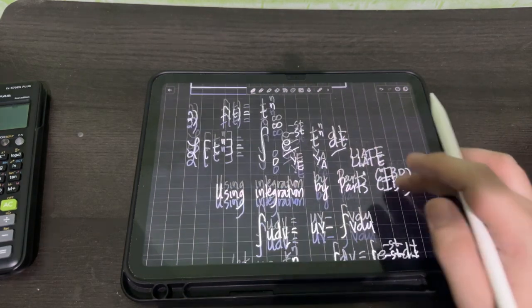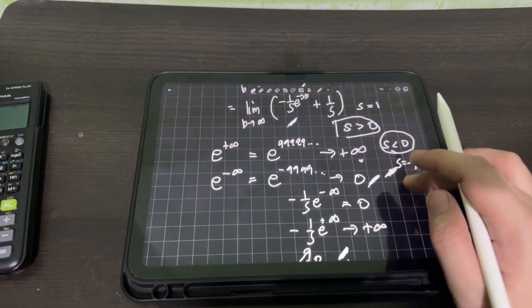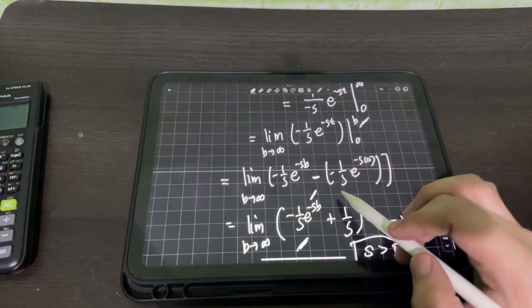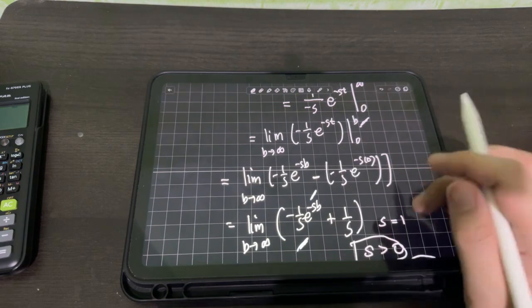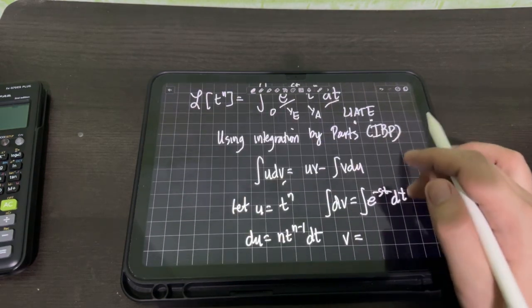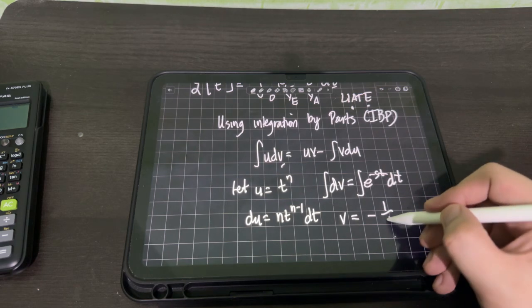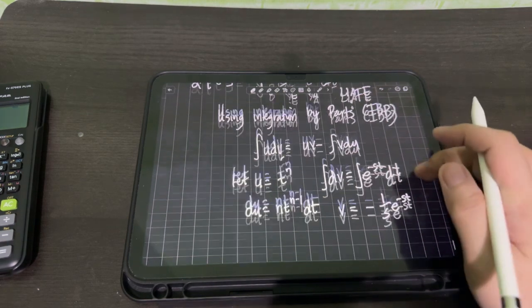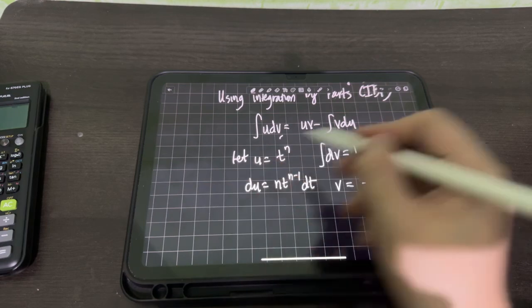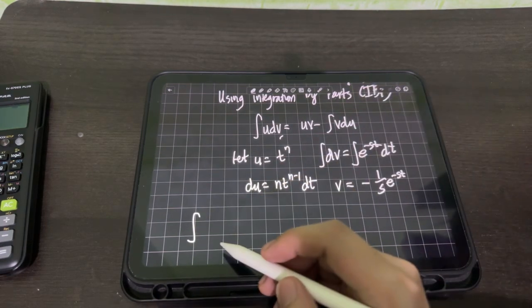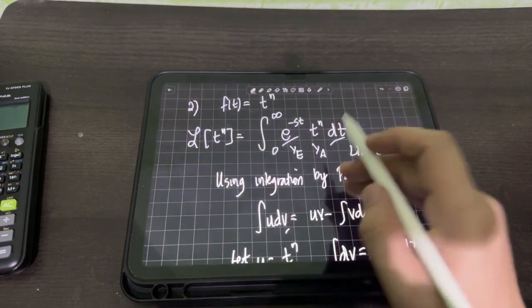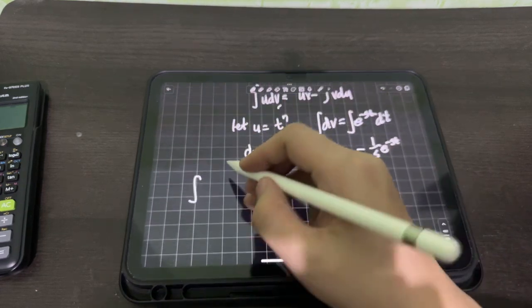The integral of e to the negative st we already obtained on the previous problem, right? It's just negative 1 over s e to the negative st. So the integral of e to the negative st dt is negative 1 over s e to the negative st.